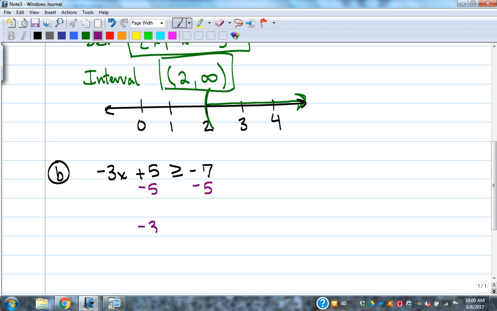It gives us negative 3x is greater than or equal to negative 12. And then, what's the next step?